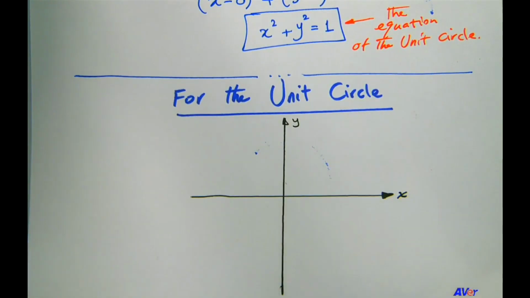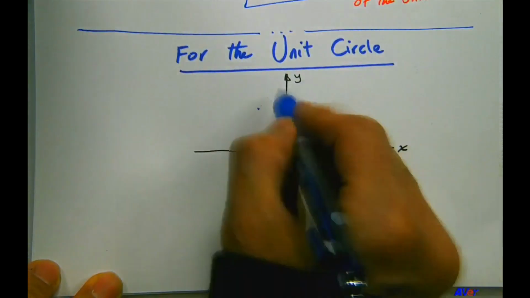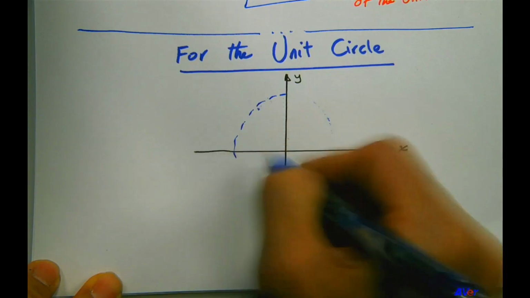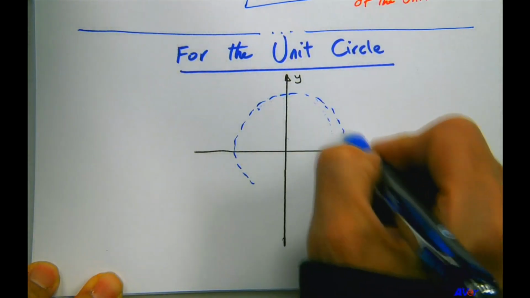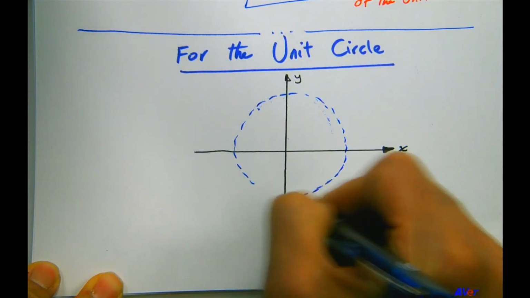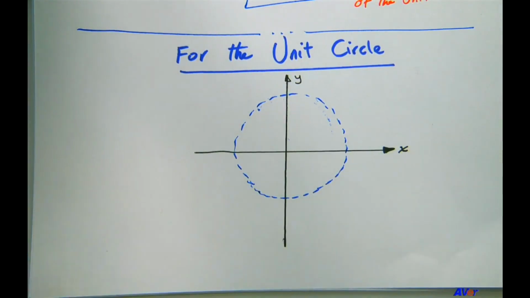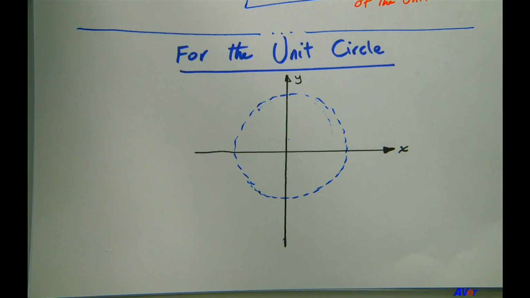And so if we have a rough circle drawn here, not a very symmetric circle, but suppose we have this.